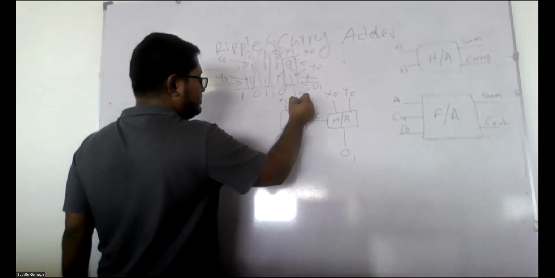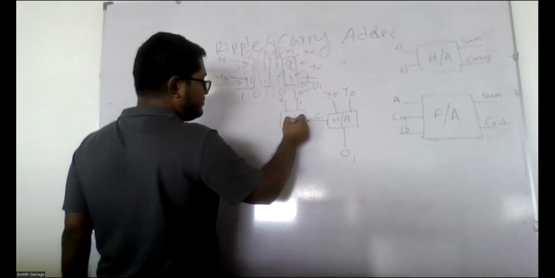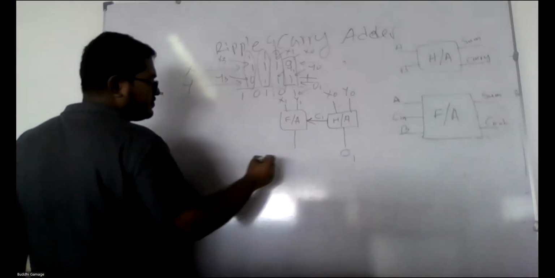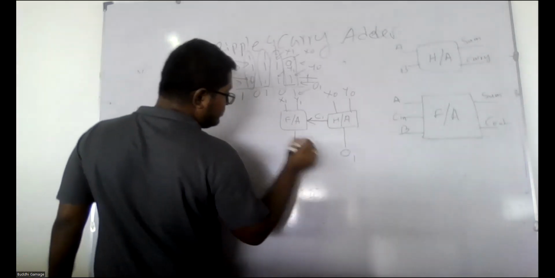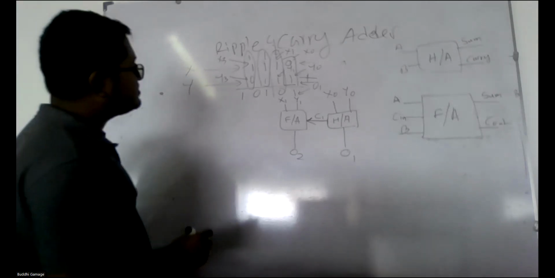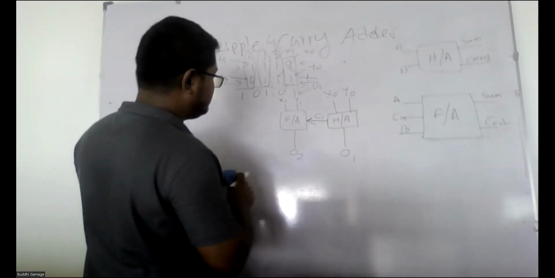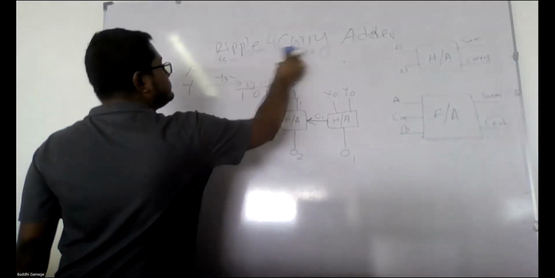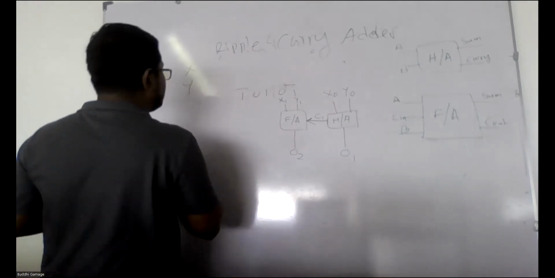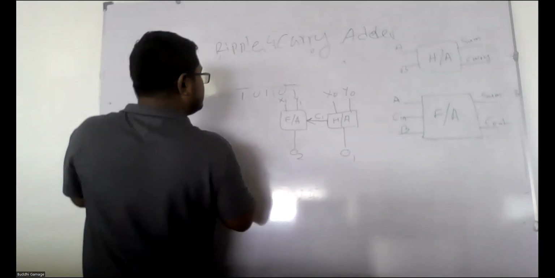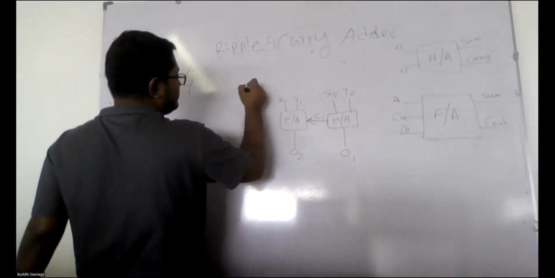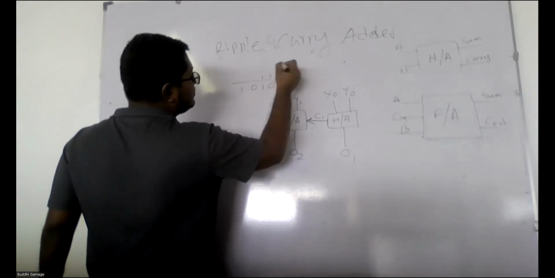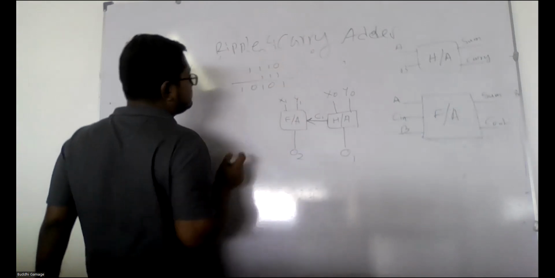Consider this is correct. This is X1, Y1. This will be a full adder because there is an input for here as well. And this is the output for 2. Is it correct for this location? 0, 1, 0, 1, 1, 1, 0, 1, 1, 1.